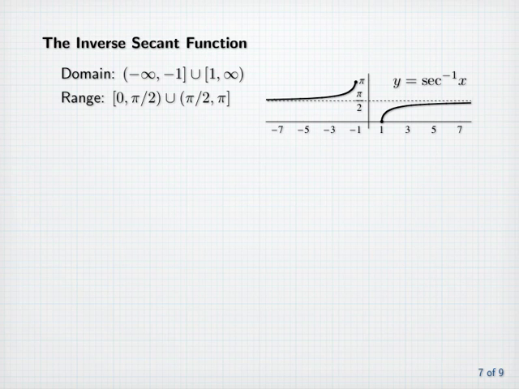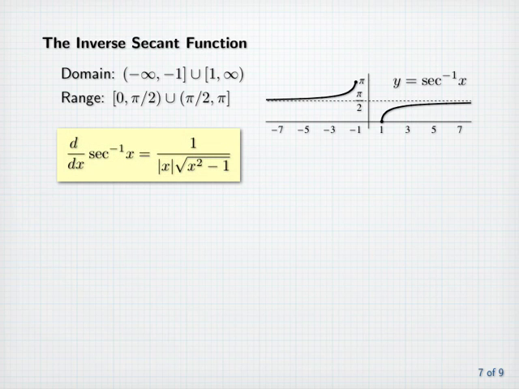We will skip the details here for brevity, but it turns out that the derivative of inverse secant of x is equal to 1 over the absolute value of x times the square root of x squared minus 1. Notice that this is undefined when x is in the open interval minus 1 to 1, as it should be, because the inverse secant function is undefined there as well.